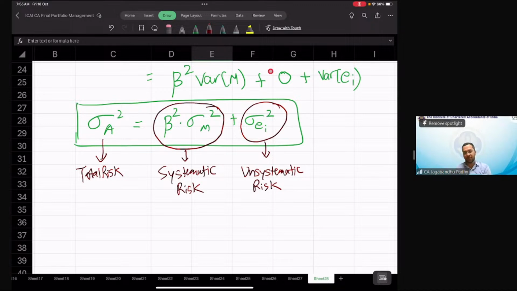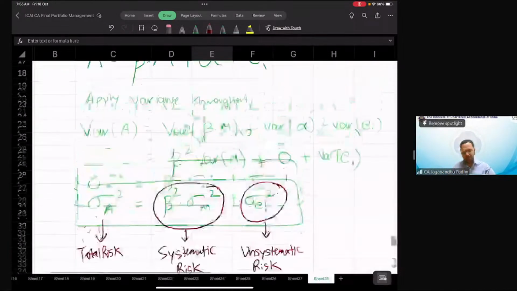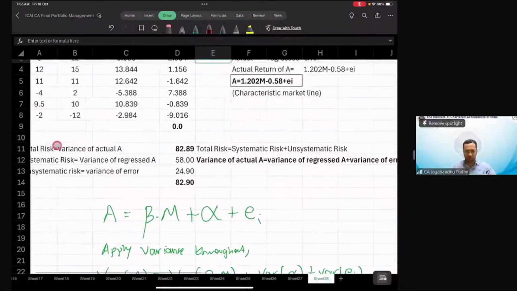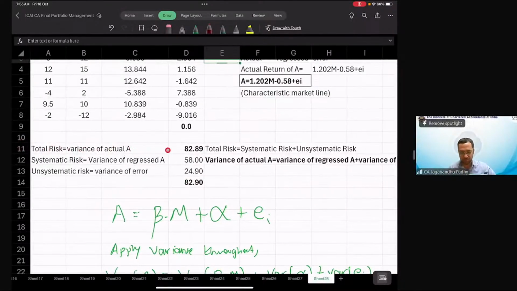So we have the total risk getting distributed into two portions, the systematic risk and the unsystematic risk. That is what we have done here also by calculating the variance of A, variance of regressed A, and variance of the error term.